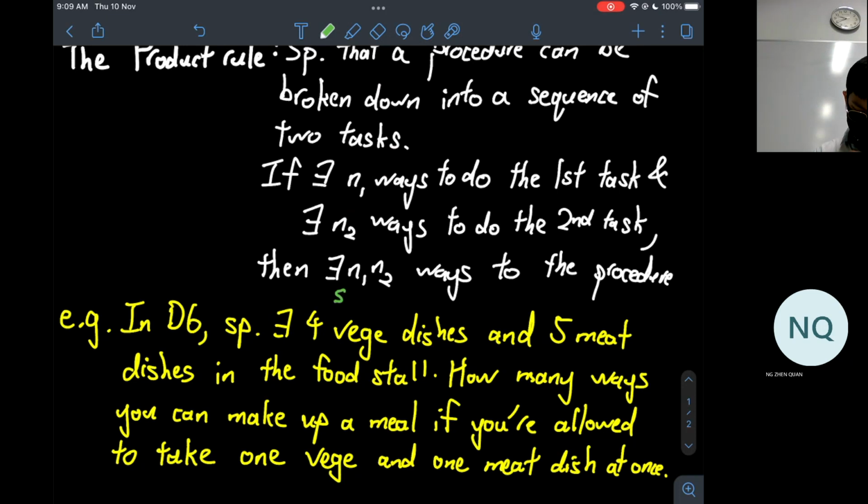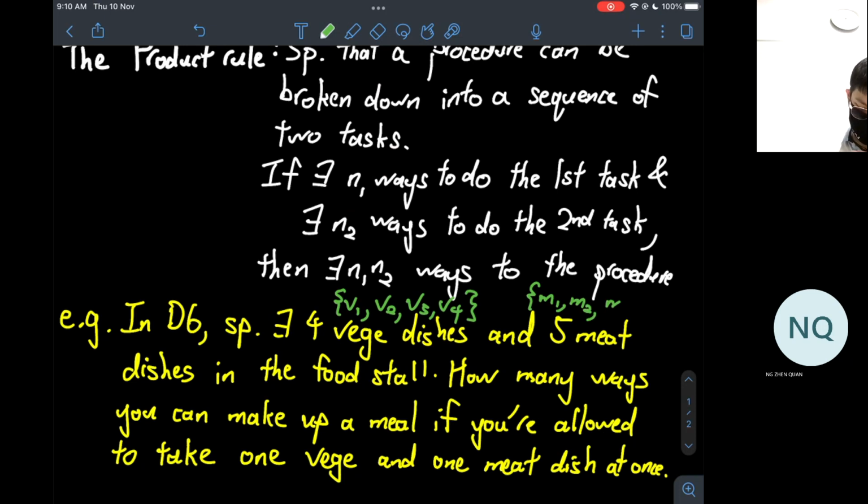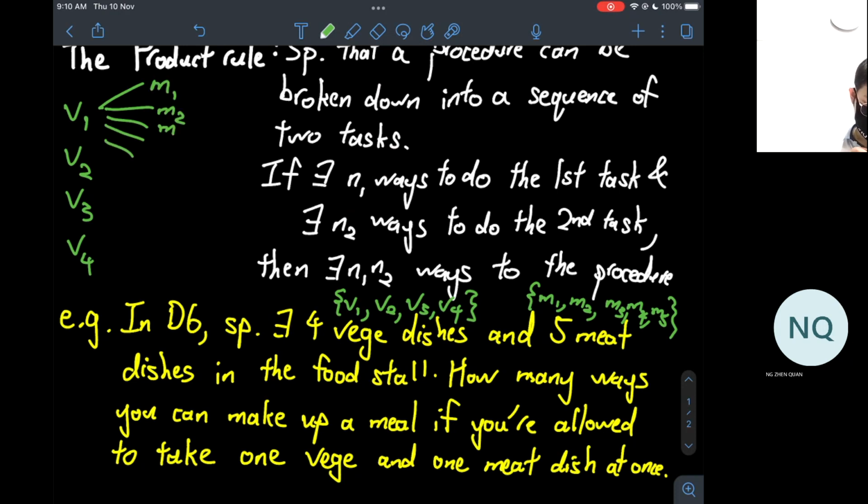So you have V1 up to V4 for veg, and M1 up to M5 for meat. You can have 4 different choices of veg, and each veg can pair with different meat. So this is like a Cartesian product of 2 sets. How to count the cardinality of the Cartesian product of 2 sets?